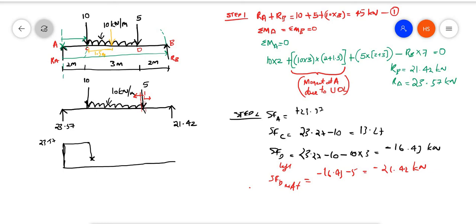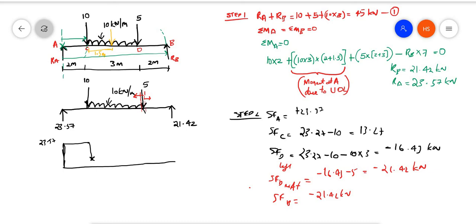So last one, it is the shear force at B. It is clearly given as minus 21.42. Here both the values will be the same. Now we are just marking this force, so here we are having two forces.